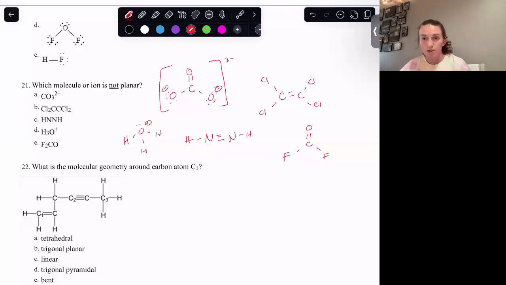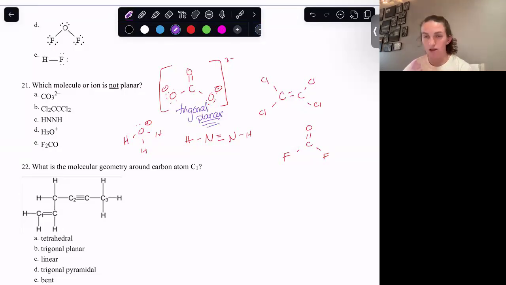Okay, so here are your five structures. When you look at each of your structures, does anyone know what the CO3 2- structure is? What is the shape of that molecule? Yep, this is trigonal planar, right?